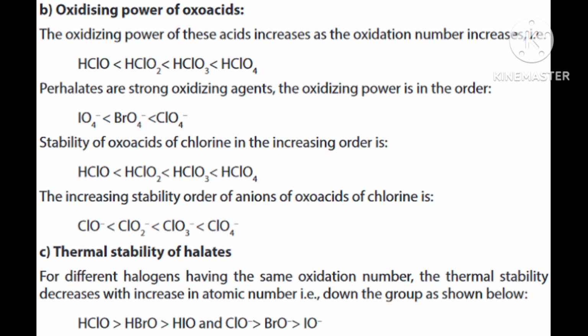Chlorine, bromine and iodine form oxides in which the oxidation states of these halogens range from +1 to +7. Again, listen: chlorine, bromine and iodine form oxides in which the oxidation state ranges from +1 to +7, meaning +1, +2, +3, +4, +5, +6, +7.